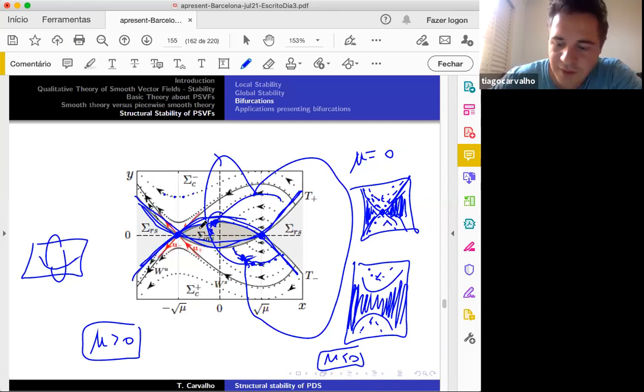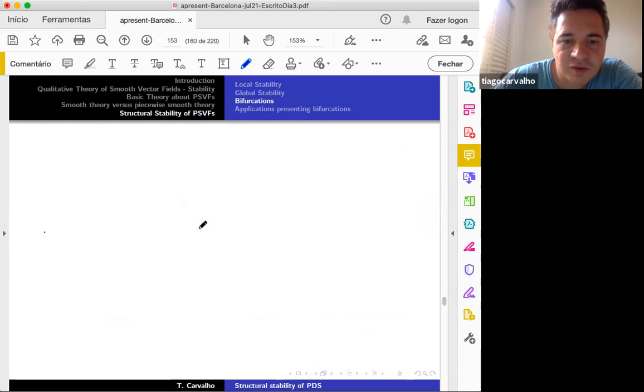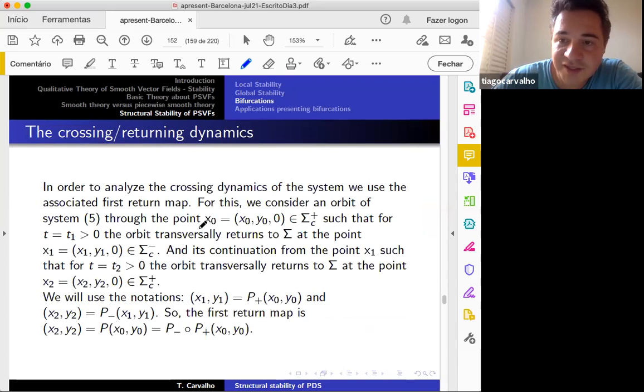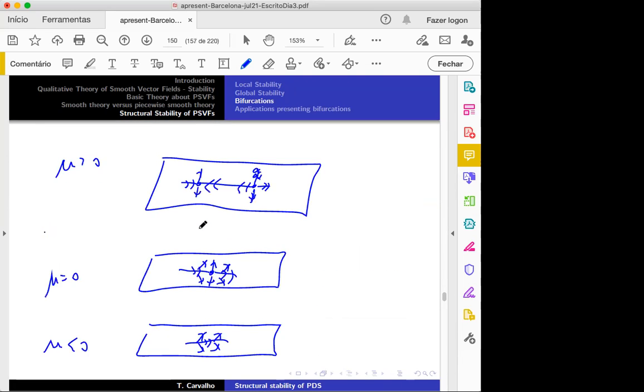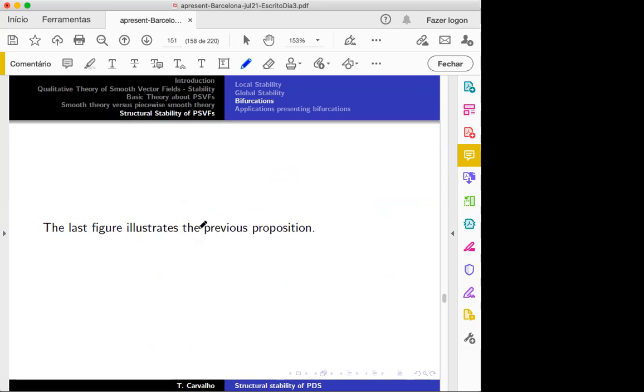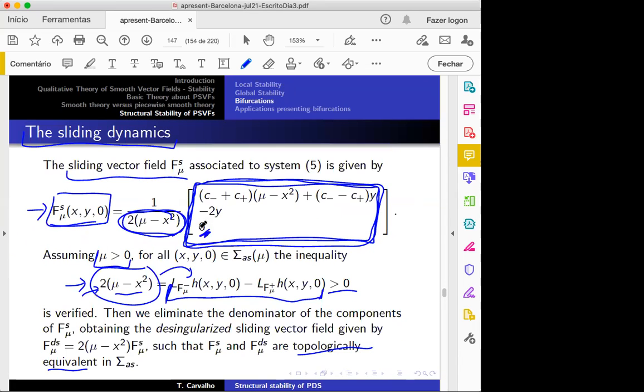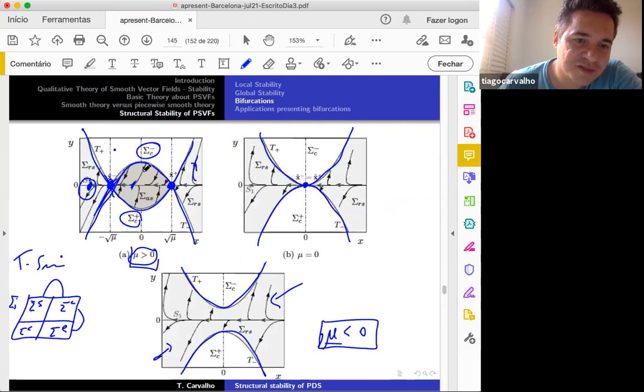And then what's happening after this is that the trajectory will follow the sliding dynamics. So the returning dynamics just stop. Yes. Once the trajectory meets this region, even at the boundary, it slides until here.